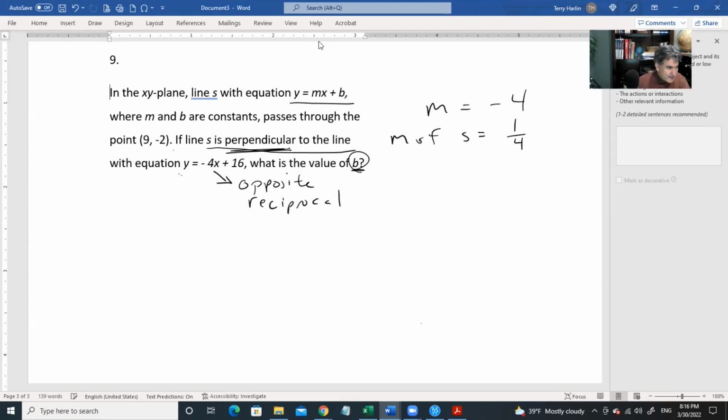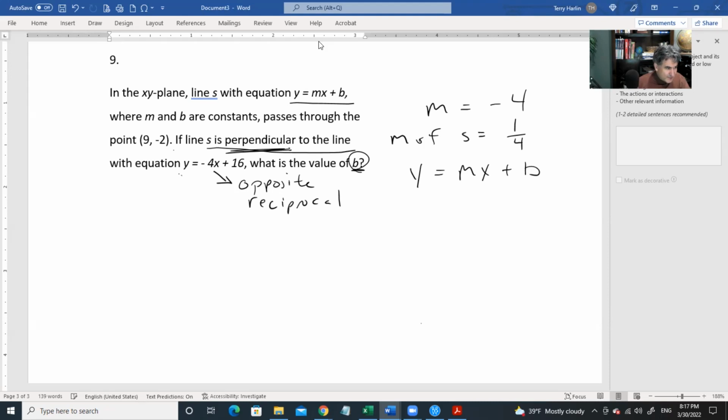Okay, now let's go back to the beginning. In the XY plane, line S, with equation y equals mx plus b, where m and b are constants, passes through the point (9, -2). We're looking for b. We want b.